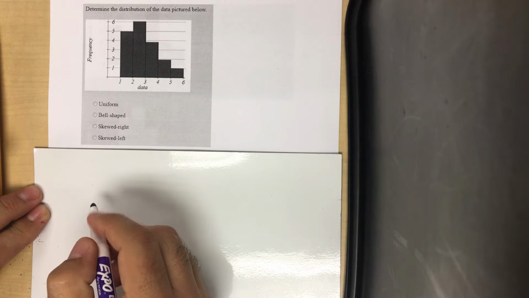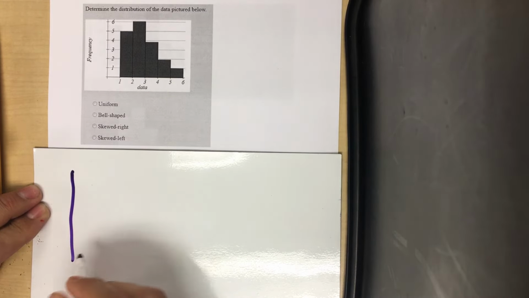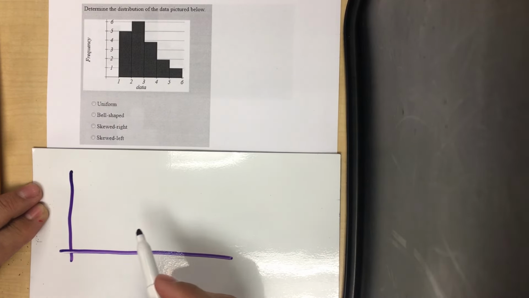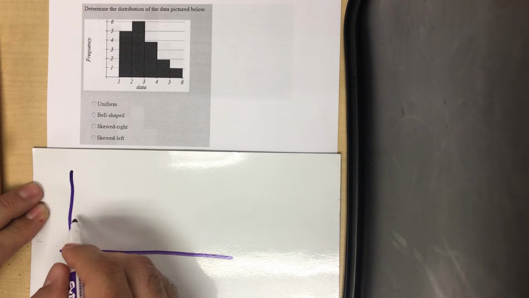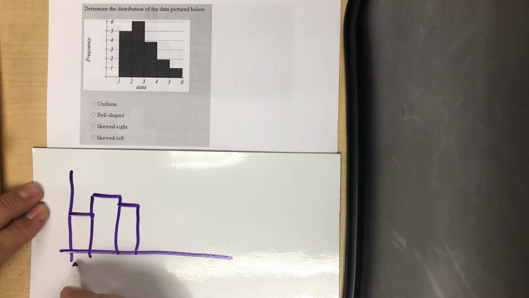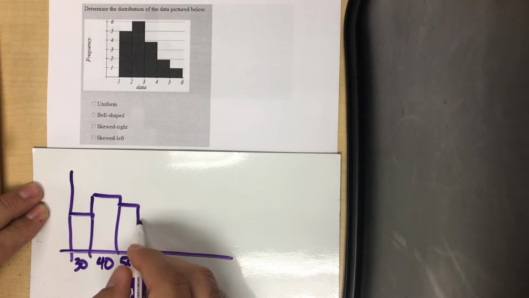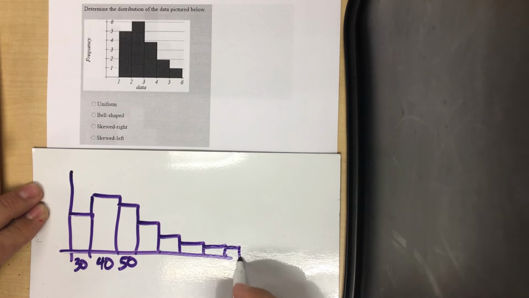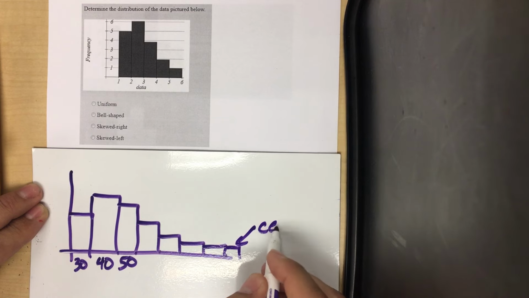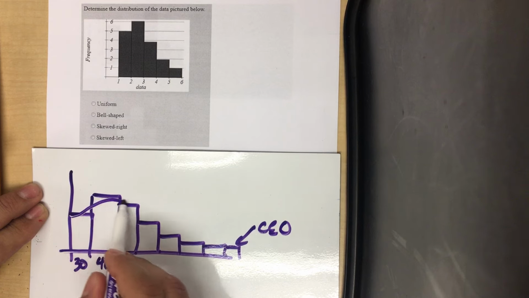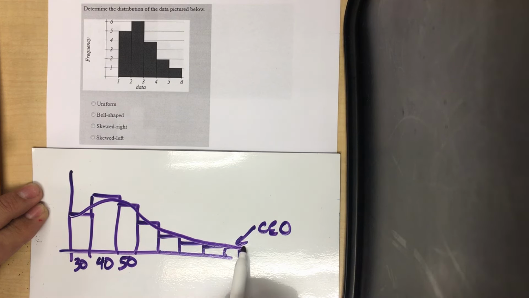So if I have a distribution of, say, incomes of people that happen to work at a large corporation, you might have a lot of people making money down here in the $30,000 category, the $40,000, the $50,000 category, but then it's going to tail off, and there's going to be fewer and fewer people up here, and maybe this is the CEO making some amount of money out there in the tail. So you end up with this distribution that is going to be skewed right.